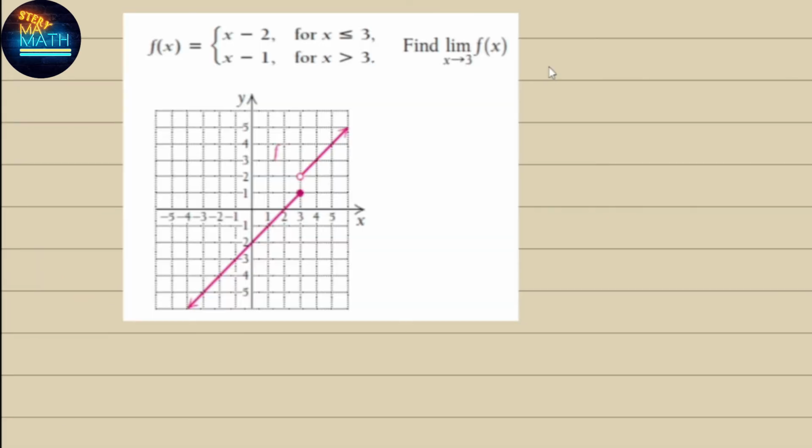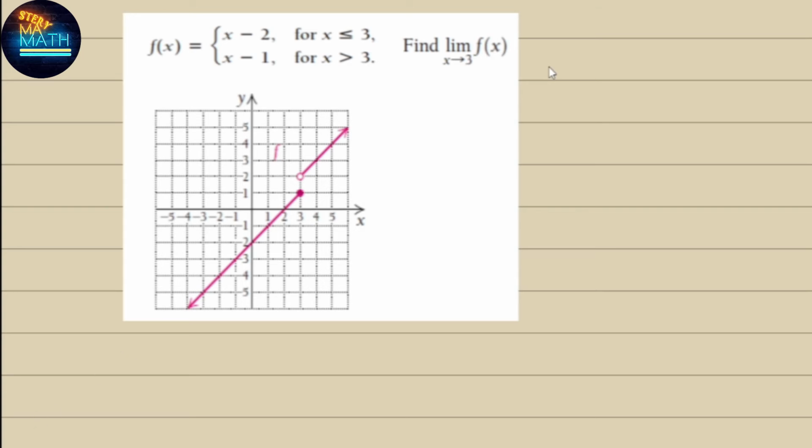Another example. Here in this example, find the limit as x approaches 3 of f(x). Look at the graph here. You will see that for the function at 3, there are 2 places at x is equal to 3. So we want to check the limit from the right and the limit from the left.